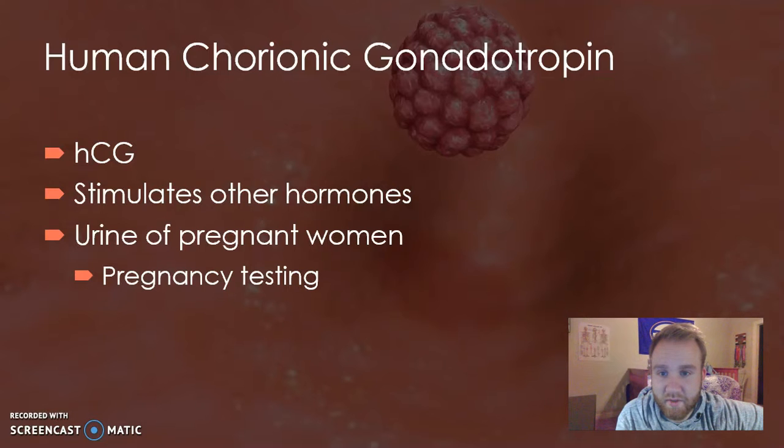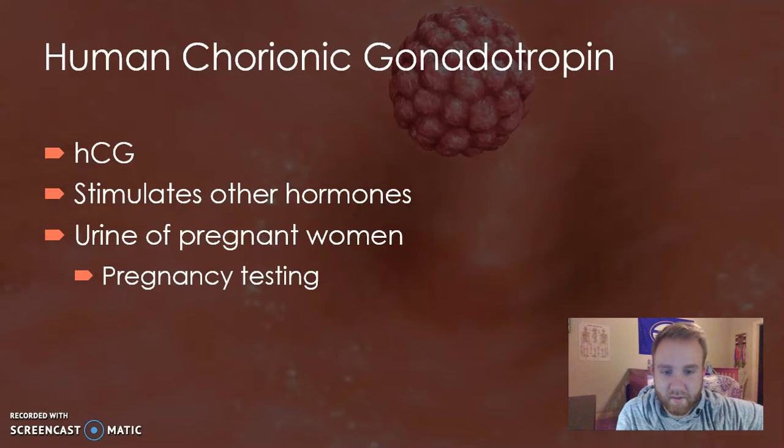It's involved with endometrial growth, early embryonic development, as well as later gestational development. HCG testing is also known as pregnancy testing. HCG tests are what can be bought at the store. They're known as pregnancy tests, and it's also what they're tested for in urine samples in a clinical setting.